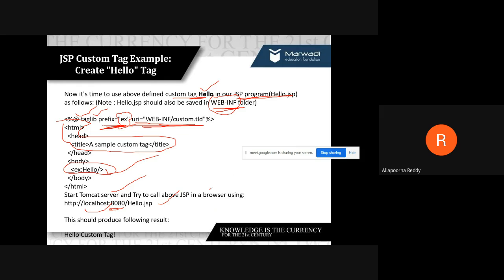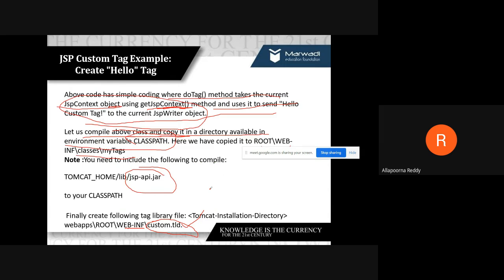But remember, when your creation is going on, the placing of your class files is very important, and the placing of your jar file. Don't forget, if you don't copy this jar file, you are going to get an error message.